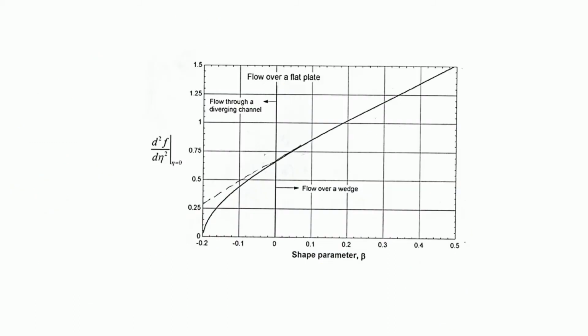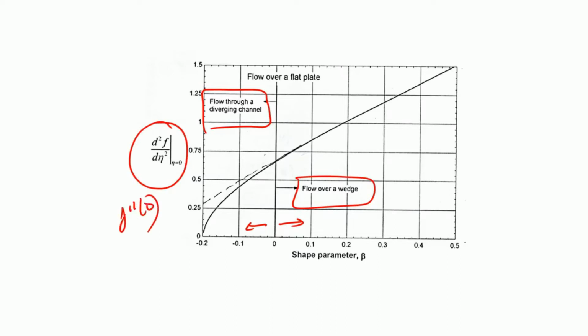If you look at this, this is flow over a wedge. So, this part is once again the beta, the same thing. As I said, this is flow through a diverging channel, and this is the flow over a wedge. As you can see, this is basically nothing but the wall shear stress. This is your f double prime at 0. As we saw, Cf was proportional to this.